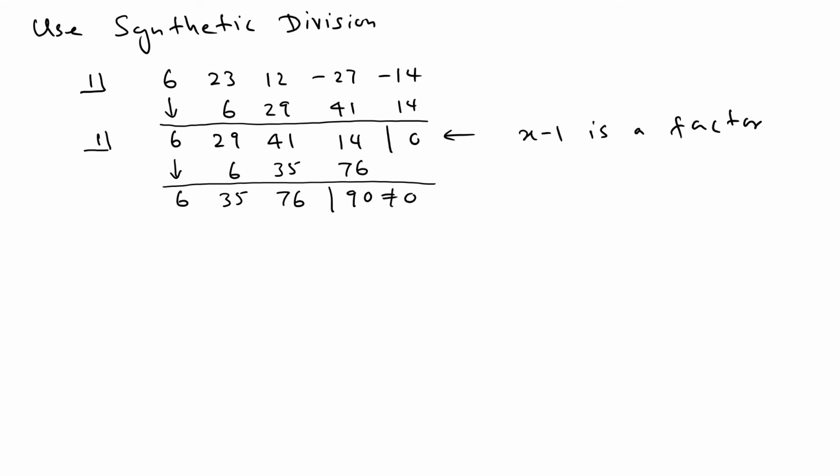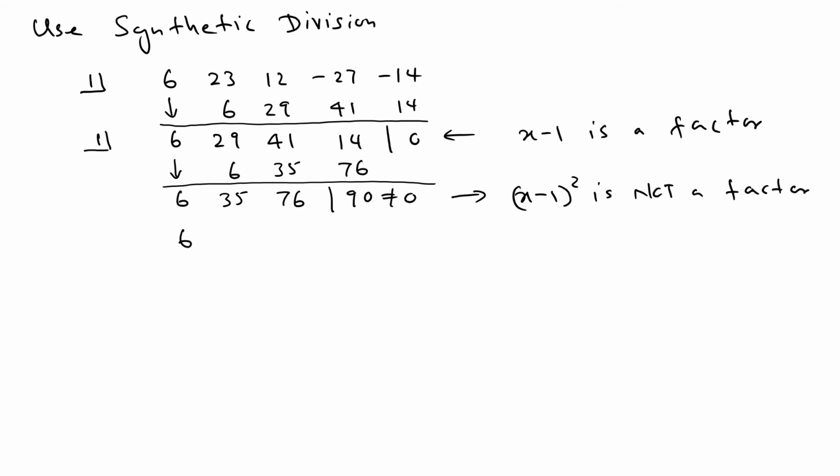That means x minus 1 is not a double factor. This implies that (x minus 1) squared is not a factor, because that doesn't work. So we're going to go with the next number. What's the next easy number? -1.